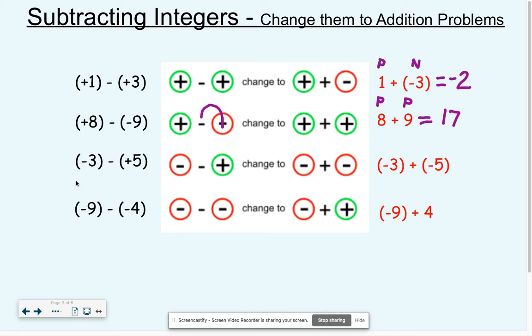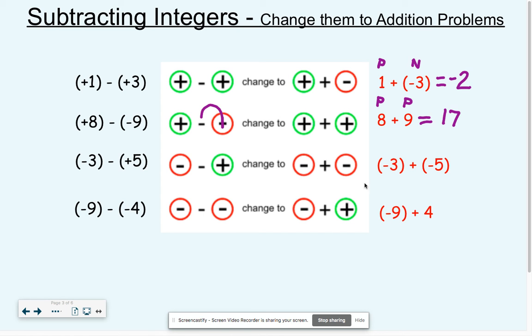In the next one, we have a negative number minus a positive number. So again, we are going to change this. What this subtraction symbol is really saying is that last number needs to be negative.